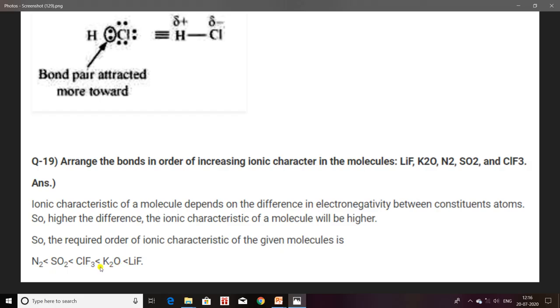After that, K2O: potassium belongs to group 1, oxygen belongs to group number 16. So that means there is some electronegativity difference, and this electronegativity difference is more. After that, lithium and fluorine. Fluorine is the most electronegative atom in the periodic table. So this is the order.